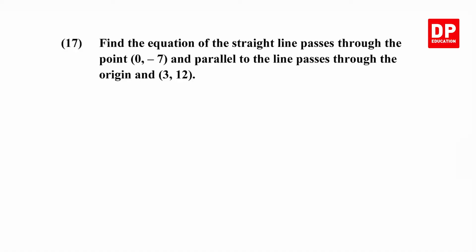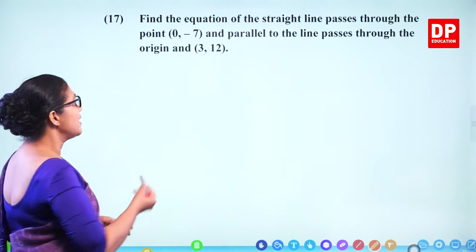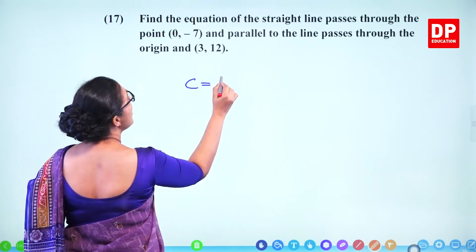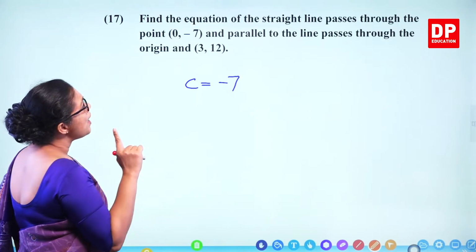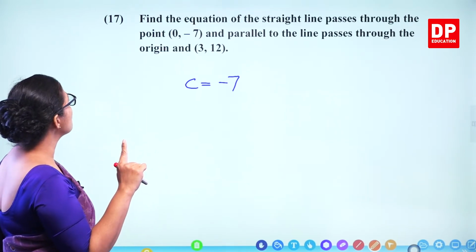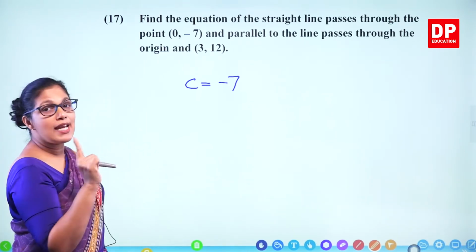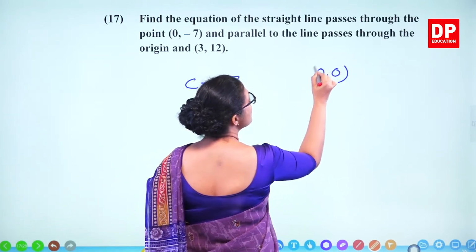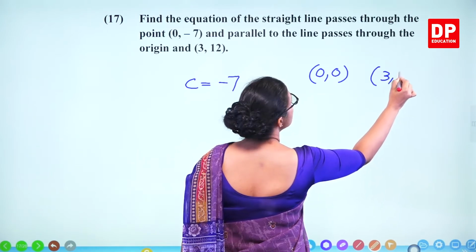Question number 17. Find the equation of the straight line passes through the point 0, minus 7. So what's that? When x equals 0, the value of y. That's the y-intercept. And parallel to the line passes through origin and 3, 12. Origin means 0, 0 and the other point is 3, 12.